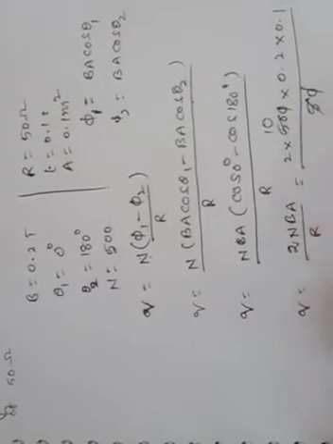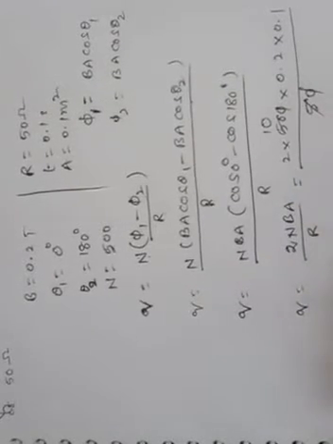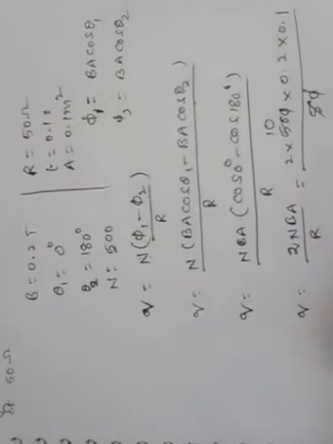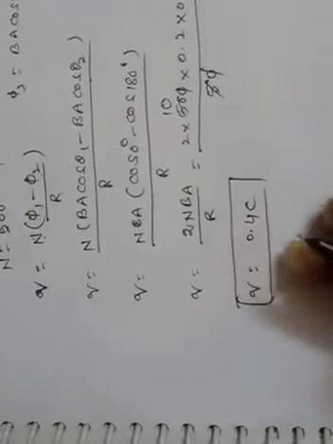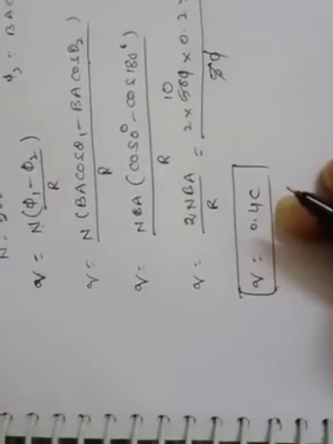If you calculate this, totally we will get 0.4. After calculation, how much charge is induced in the coil? That is 0.4 coulombs.